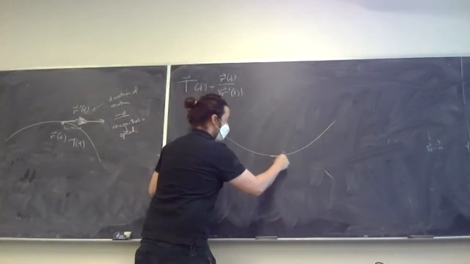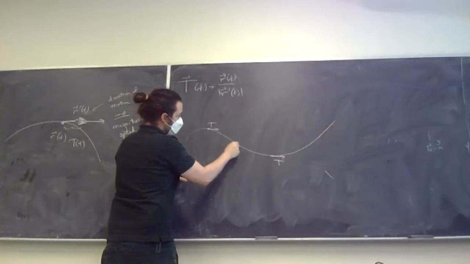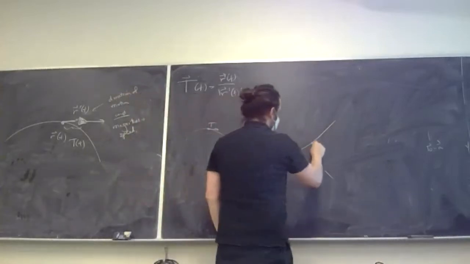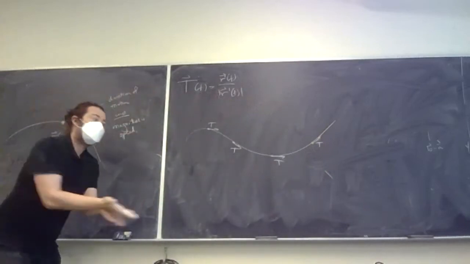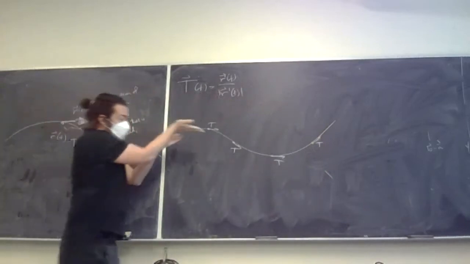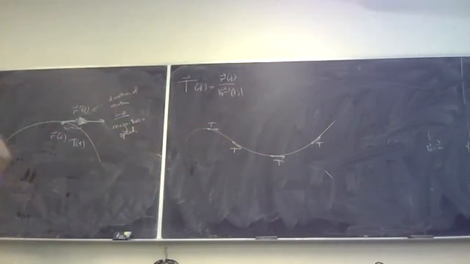So there's a T, a T, a T, and a T. They're all unit vectors, all the same length. In some sense, what T is telling us is how the curve is turning as things move in space. T of t basically is the slope vectors for the tangent lines.